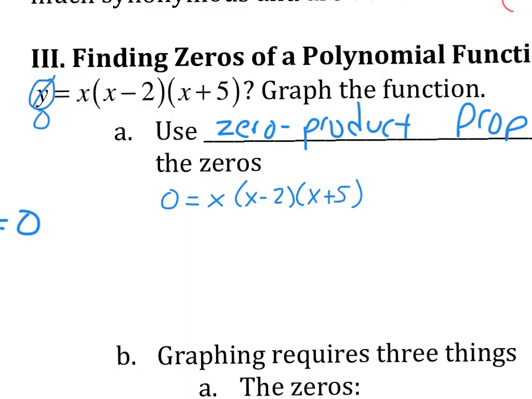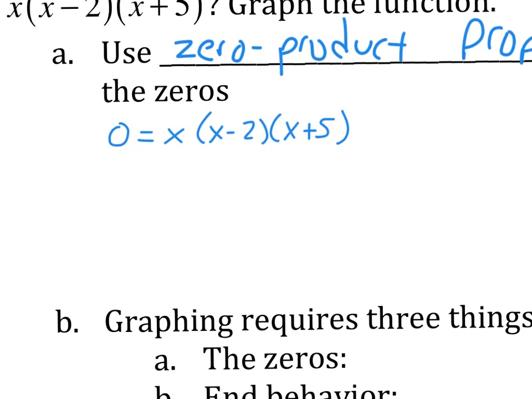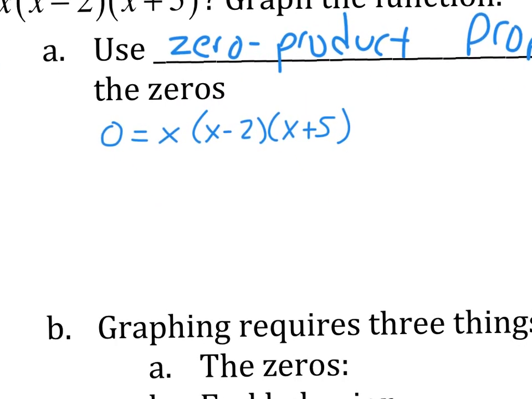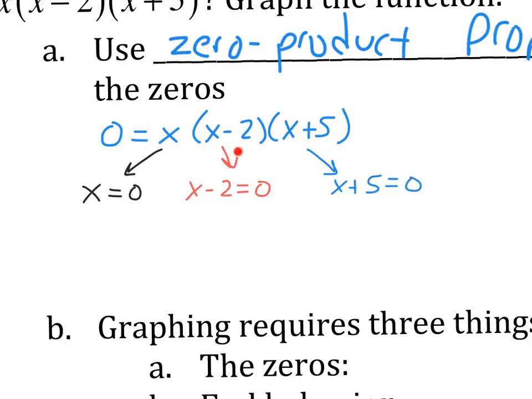Now the zero product property says one of those factors has to be 0. So I'm going to break this up. Either x is 0, or x minus 2 is 0, or x plus 5 equals 0. Notice there is no limitation on the number of factors you could have.